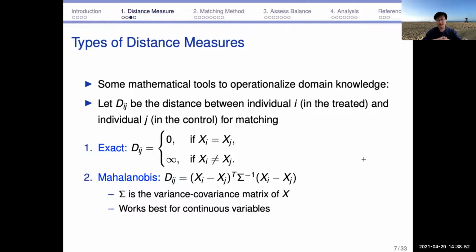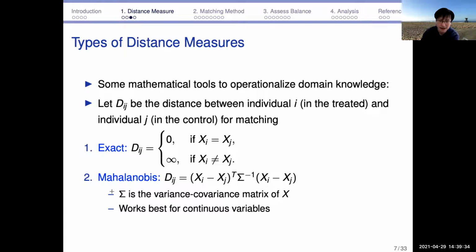So another example is this so-called Mahalanobis distance. What it does is that, if you ignore the sigma inverse for now, then this is a quadratic or squared difference between xi and xj. And the sigma inverse here is to standardize different elements in the vector x. So for example, one typical choice of sigma is the variance covariance matrix for the covariate x.